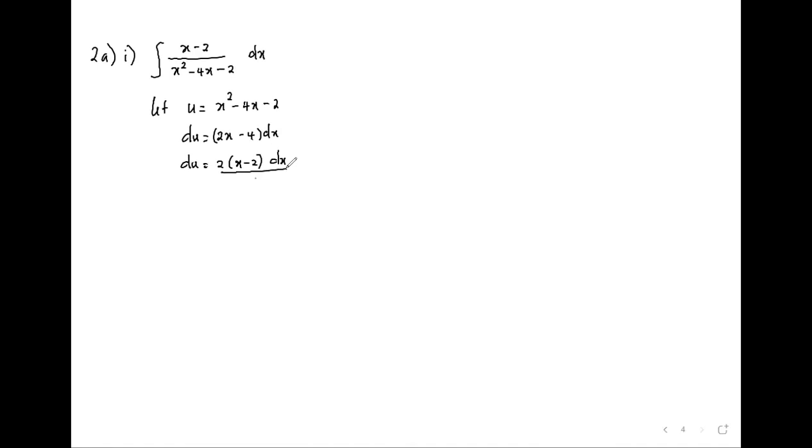If we divide by 2, we get du over 2 equal to x minus 2 dx. I've gone for x minus 2 because I can write the expression as x minus 2 dx over x squared minus 4x minus 2.